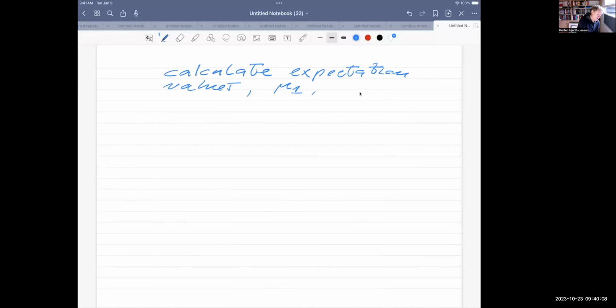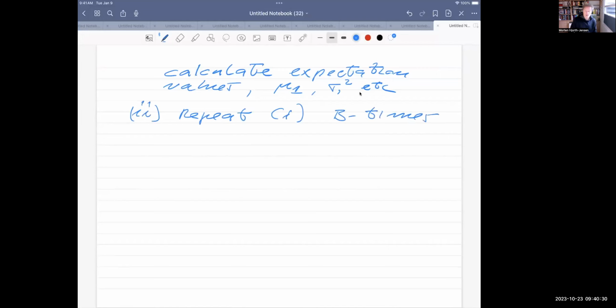It could be the variance, which we call sigma 1, etc. Or it could be the mean squared error. Then we repeat this reshuffling, repeat one, B times.